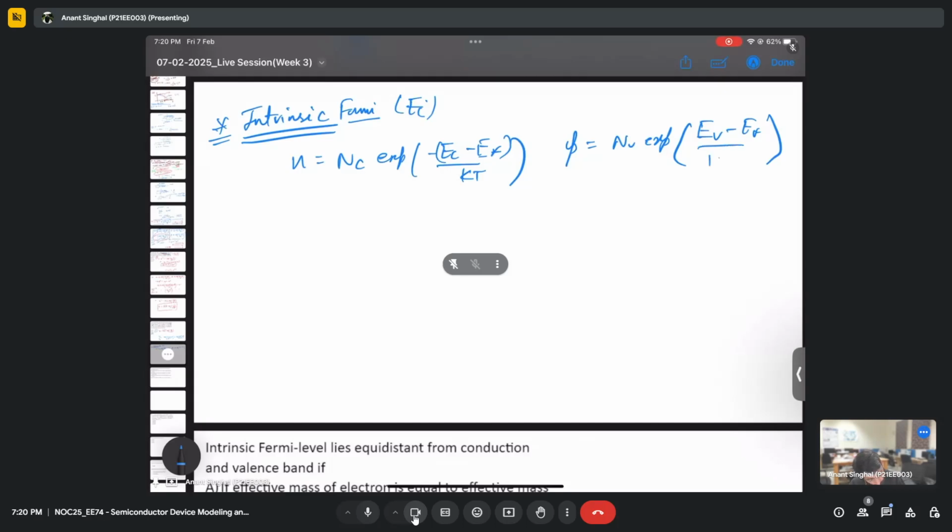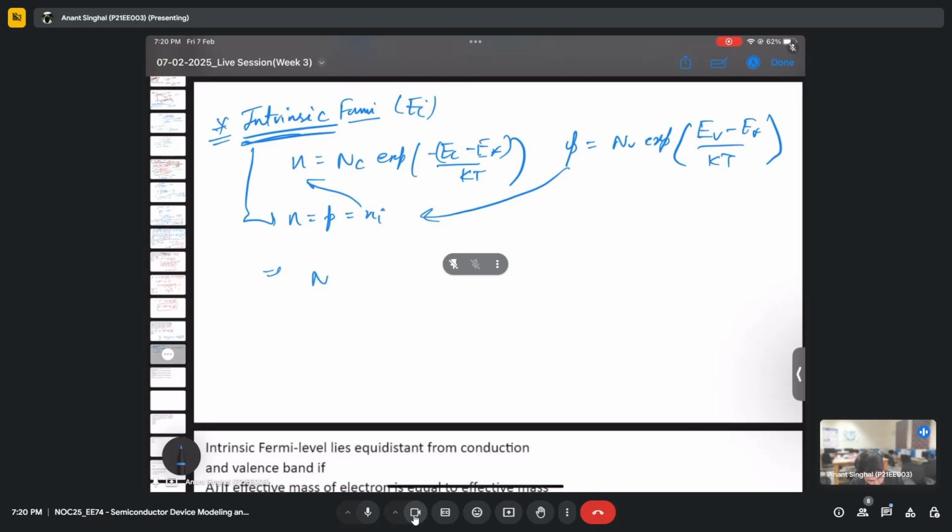And those ni formulas, I'm not writing them again. So for an intrinsic semiconductor, we know that n is equal to p is equal to ni. This is what we have already established. So can I write this is equal to ni, and this is also equal to ni, right? Any doubts still here? No? Okay, so I'll just equate both of them.